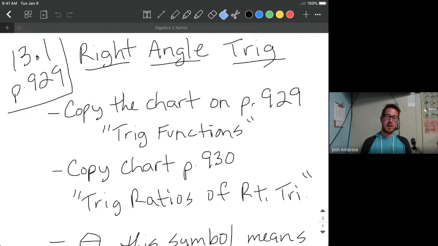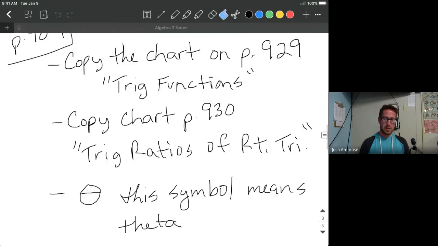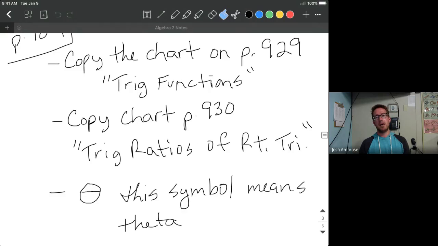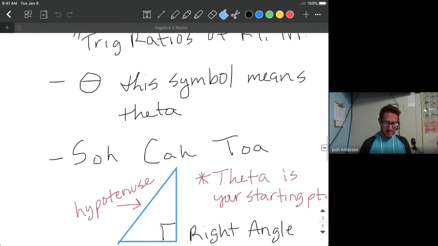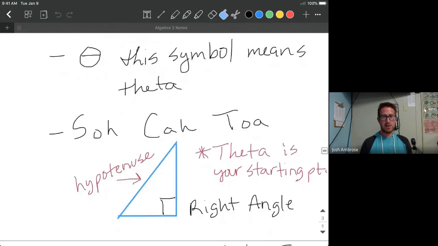Copy all this info down. You're going to be copying the chart on page 929, trig functions, and the chart on page 930, trigonometric ratios of special right triangles. Something you should know is that symbol stands for theta, and it looks like a circle with a little line drawn through it going from left to right.